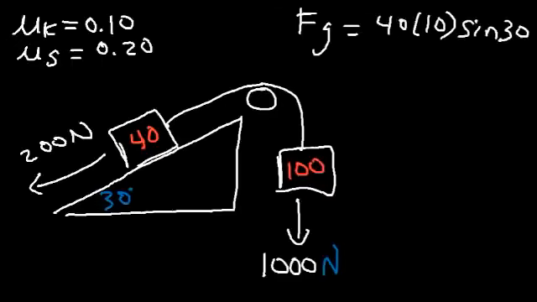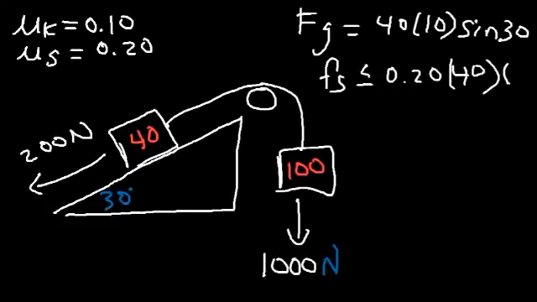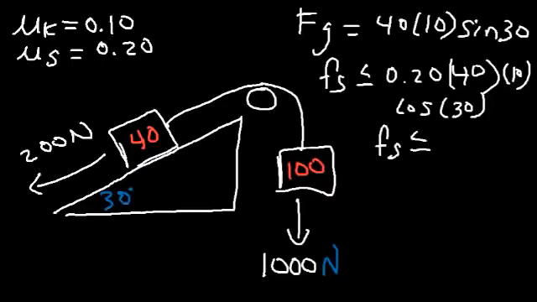So now let's find F of S. F of S, which is mu s, that's 0.20 times mg, 40 times 10 times cosine 30. So 40 times 10 is 400 times cosine 30, that's 346.4 times 0.20. So the static frictional force is 69.3.